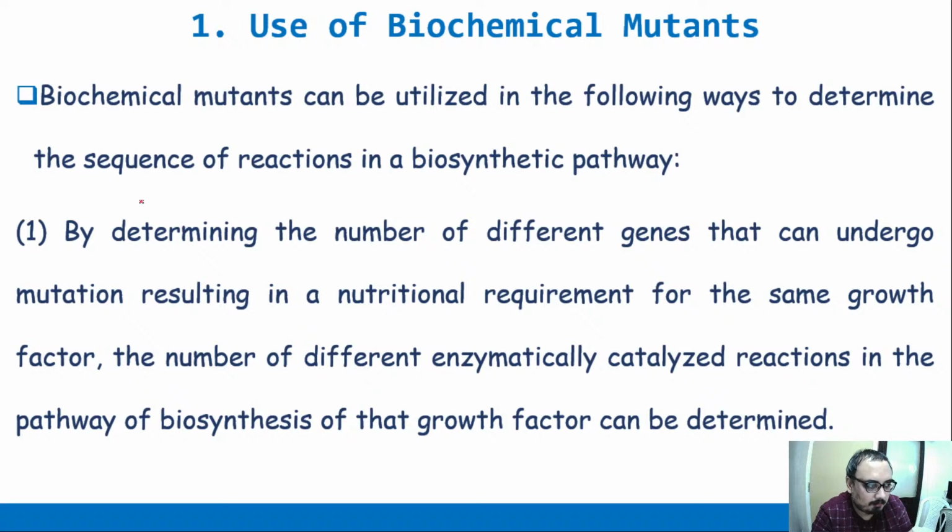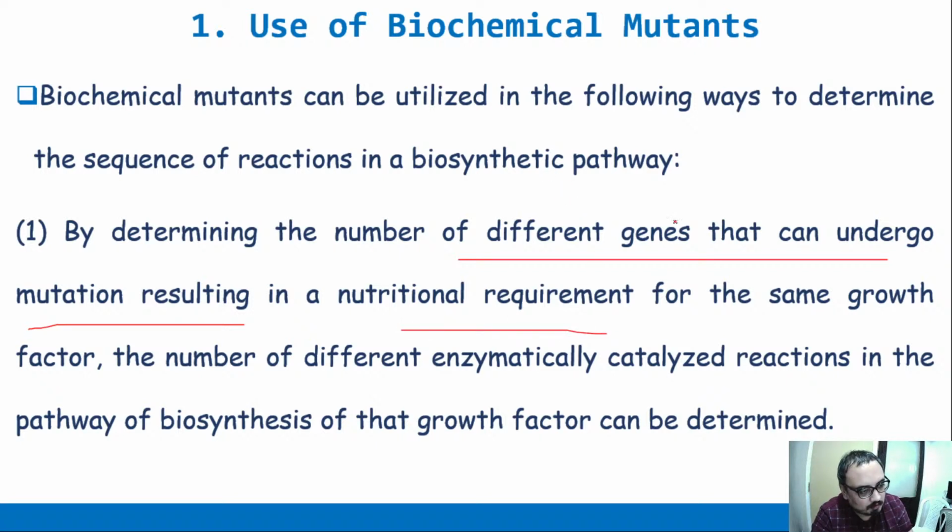So simply by determining the number of genes that can undergo mutation, resulting in the change in the nutritional requirement from the wild type, and the number of different enzymatically catalyzed reactions, these are some of the factors which can help us find out.